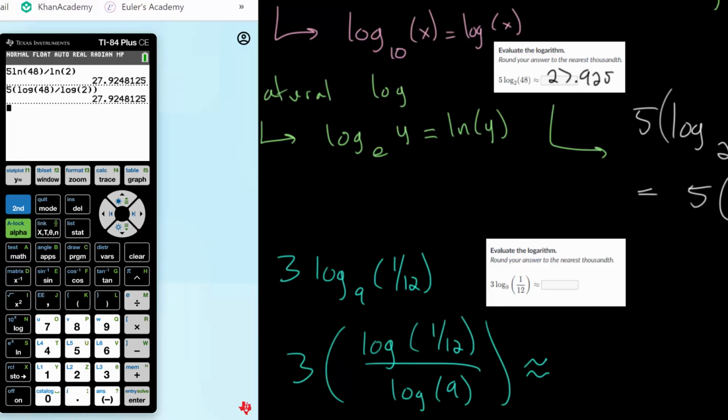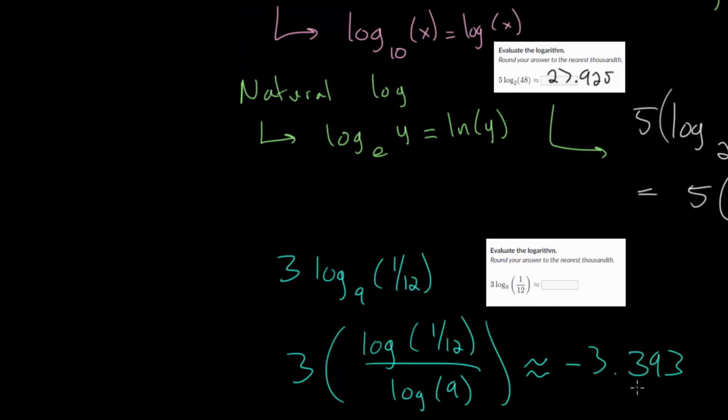So we have 3, and I'll put parentheses here, log, we're using common log of 1 divided by 12, and then divide that by the common log of 9, close parentheses, and we get minus 3.393, since we'll have to round up. So minus 3.393. And this is the answer that we'd put in the box since it's rounded to the nearest thousandth place.